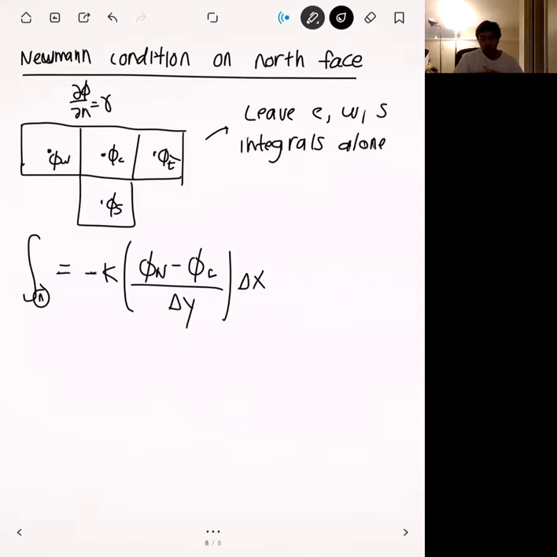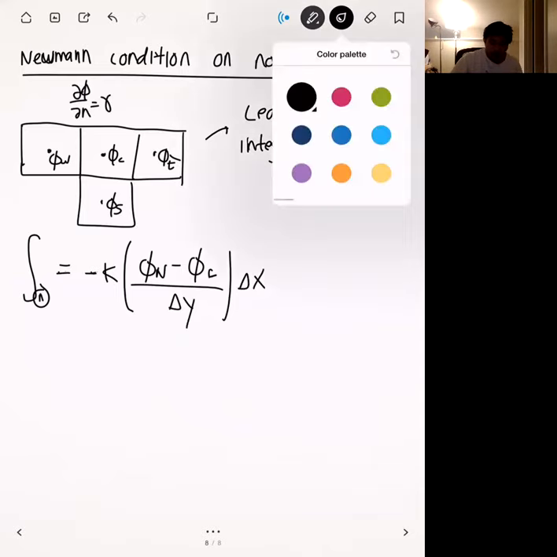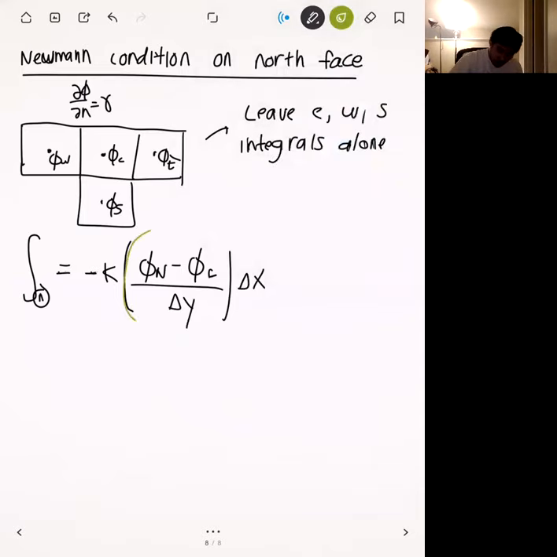But for a Neumann boundary condition, we're going to replace this entire expression right here with our Neumann value, with gamma. In the end, what we get here is minus k gamma delta x.